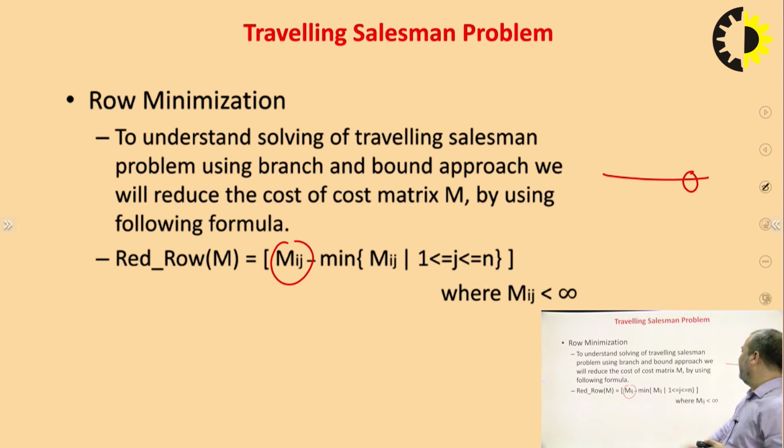So Mij minus minimum Mij, where j goes from 1 to n, means in the particular ith row, j equals 1 to n means the first column, second, third, fourth, and so on.